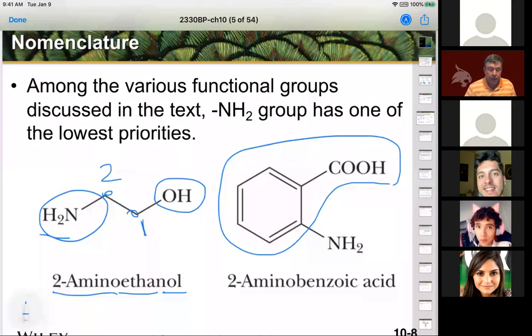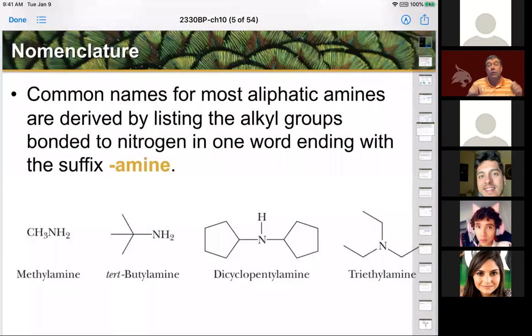Okay, so if we wanted to name them not by the IUPAC name, but the common name, what we do is we list all the different groups attached to it and call them alkyl groups. They would be like a substituent on a main chain where we add the -yl at the end. For example, if we had just a methyl group on this nitrogen, we call it methylamine.